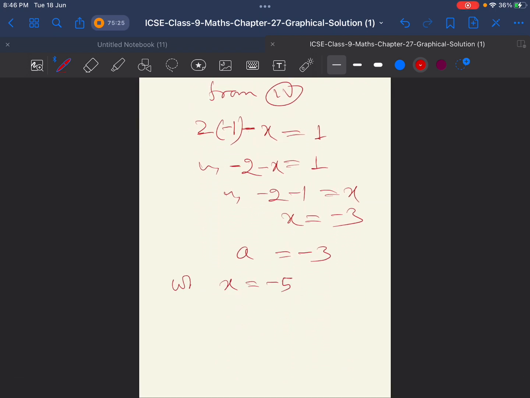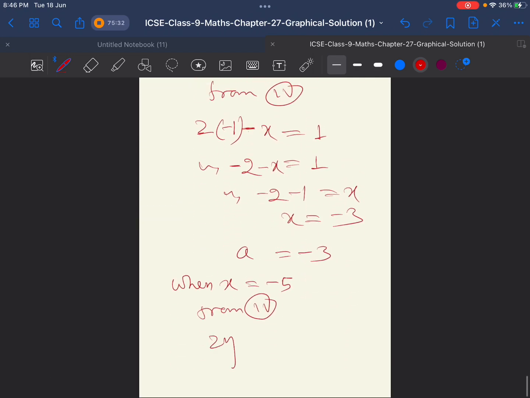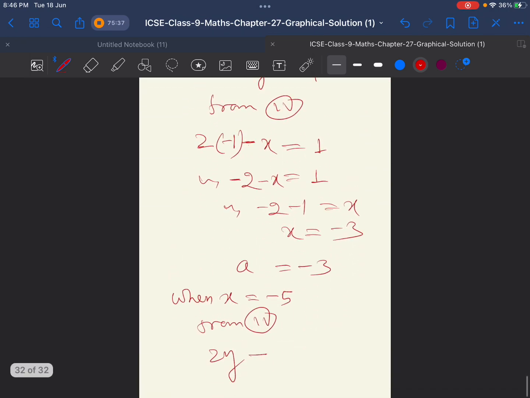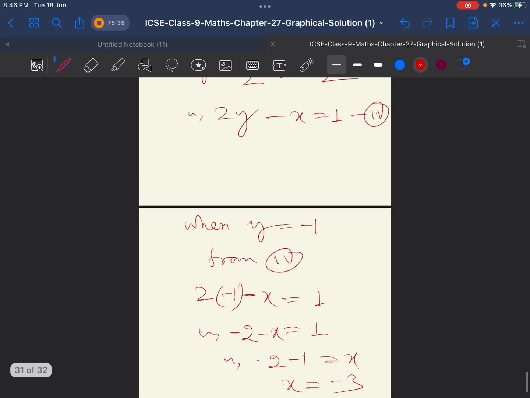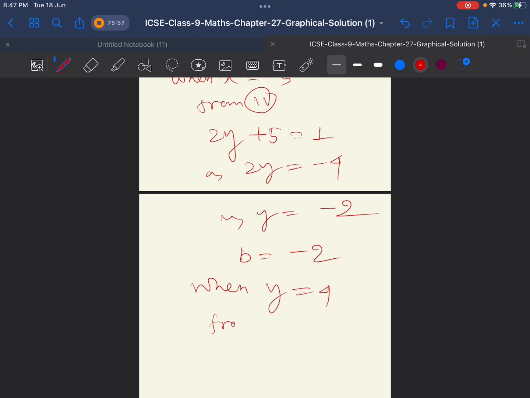Then we have to calculate the value of b when x equals minus 5. From equation 4, 2y plus 5 equals 1, or 2y equals minus 4, or y equals minus 2.